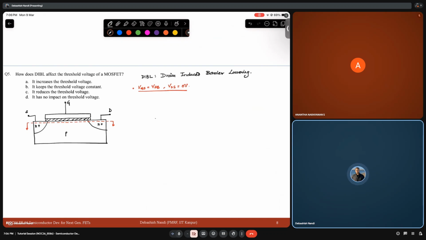The band diagram across this line will look something like this.